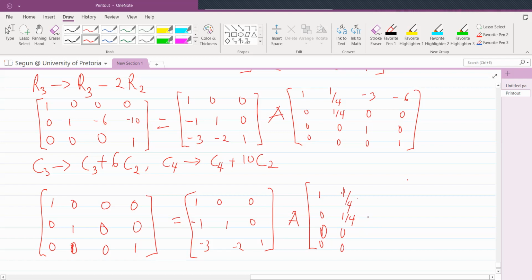Now we work on column 3. For column 3, we have C3 to be minus 3 plus 6 multiplied by 6 over 4.